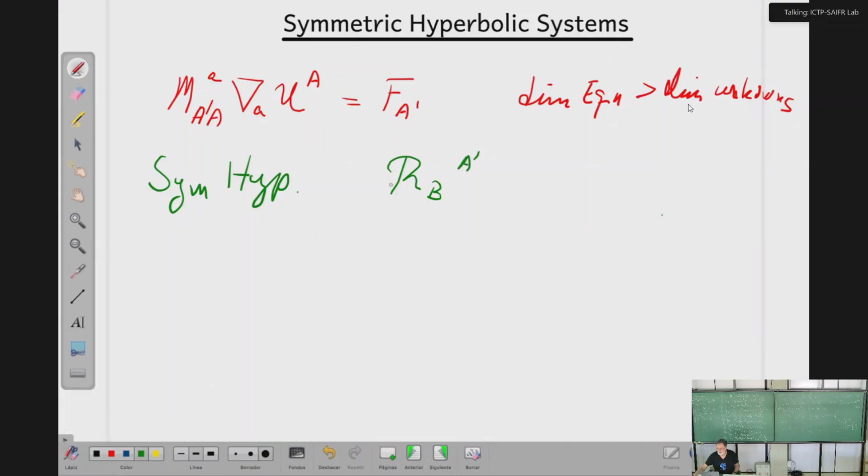So it brings from the space of equations back to the space of unknowns, of variables.